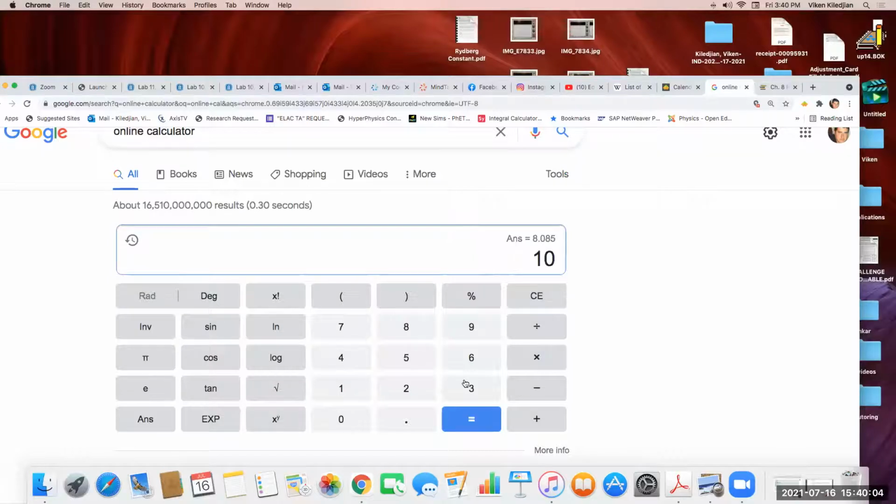100 times 250 squared divided by 4.3 times 10 to the power negative 6. That's the G value.